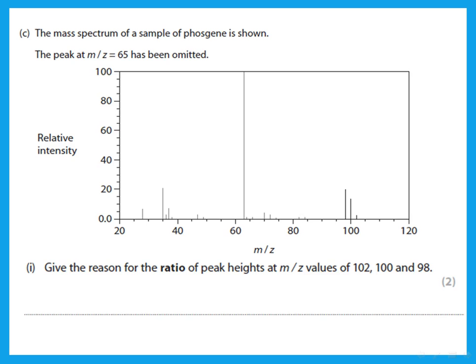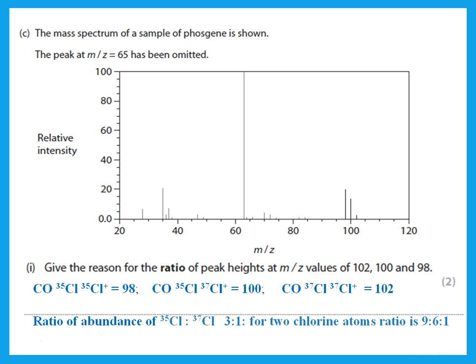Then he says the mass spectrum of a sample of phosgene is shown. Give the reason for the ratio of peak heights at m/z 102, 100, 98. So he has 3 peaks at the end: 102, 100, and 98. Remember that phosgene is COCl2, so this has 2 chlorines.